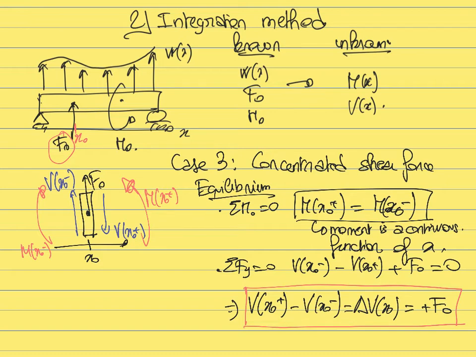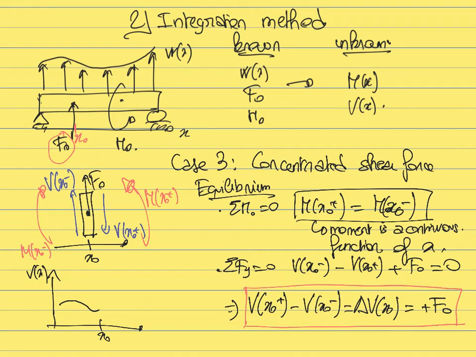And the second thing is that the value of this discontinuity, the jump in the internal shear at this point, will be equal to the value of the concentrated force F naught. So if we want to represent this, it means that if you plot the function of the internal shear, it can have any trend before that.